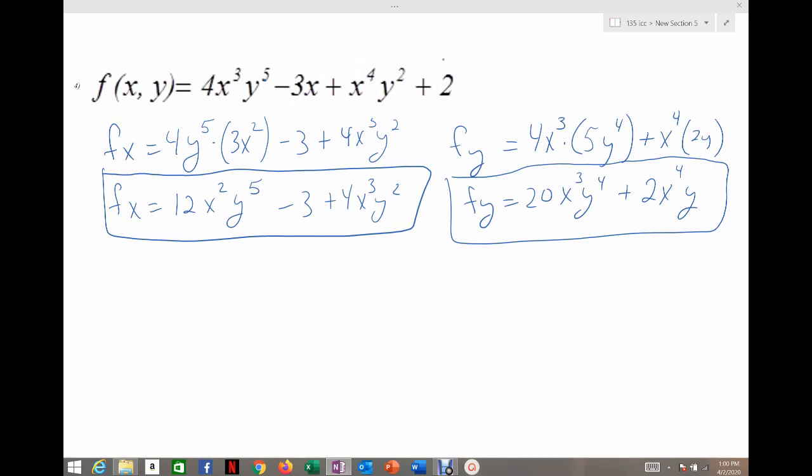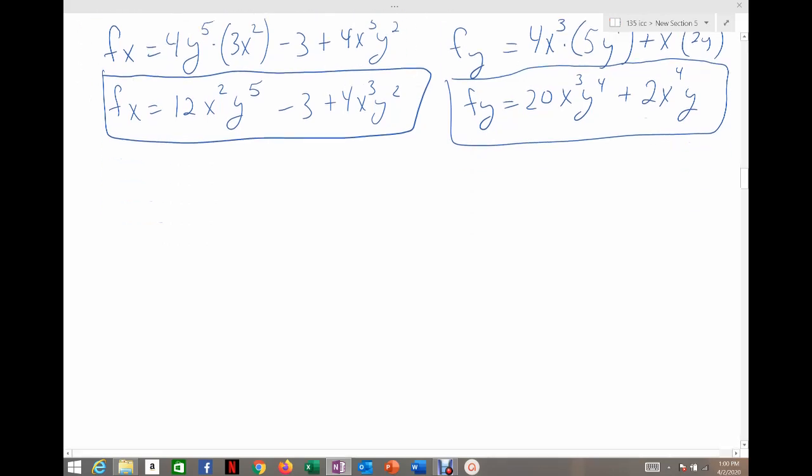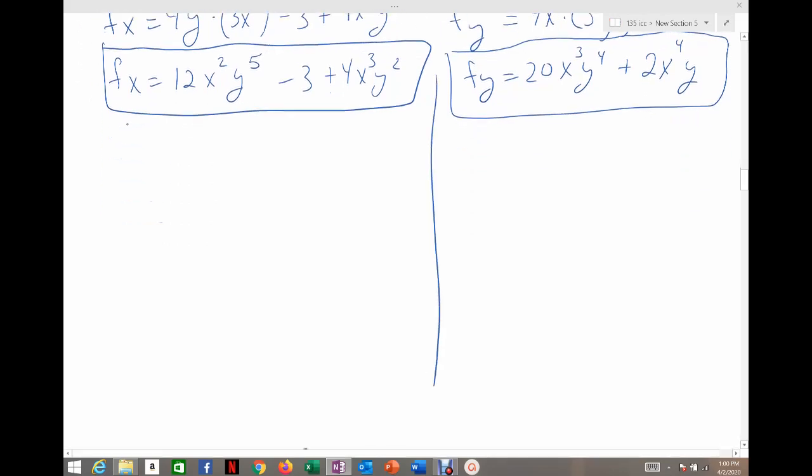Just going to double check real quick before I go on to the second derivatives. Alright, looks good. Now my second derivatives. So again, first here, with respect to x twice. So I'm taking the derivative of the x part. The 12y to the fifth comes along. Derivative of x squared is 2x.